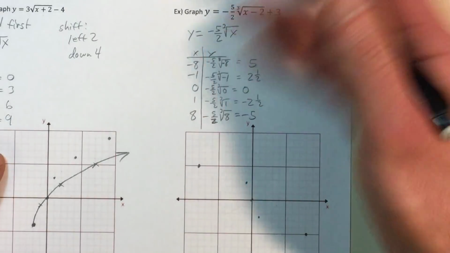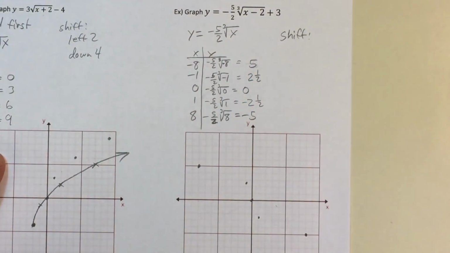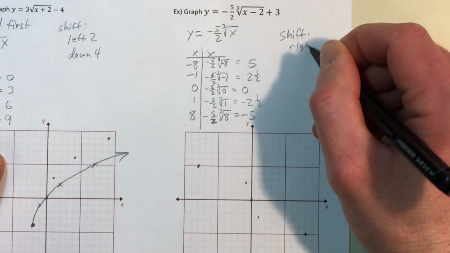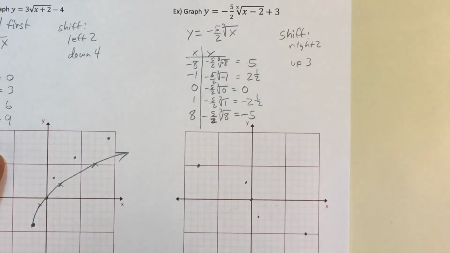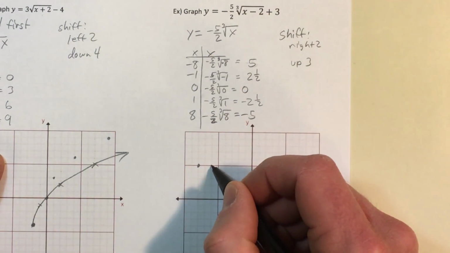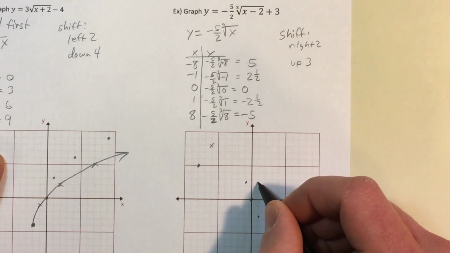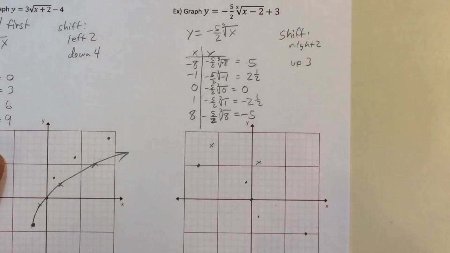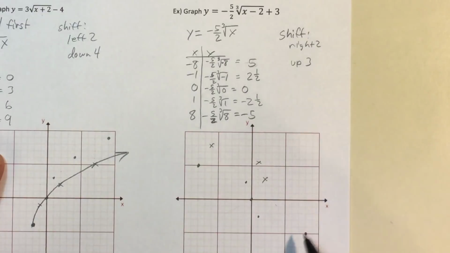Now we're going to take each of these coordinates and we're going to do a shift. Right 2, up 3. Right 2, up 3. Right 2, up 1, 2, 3. So we're halfway there. Right 2, up 1, 2, 3.